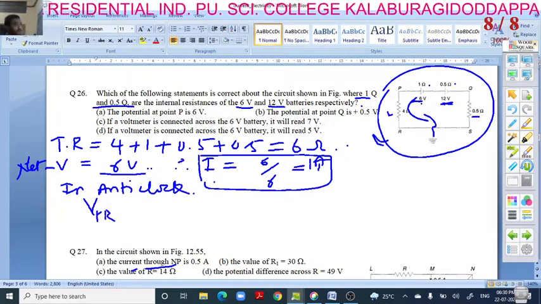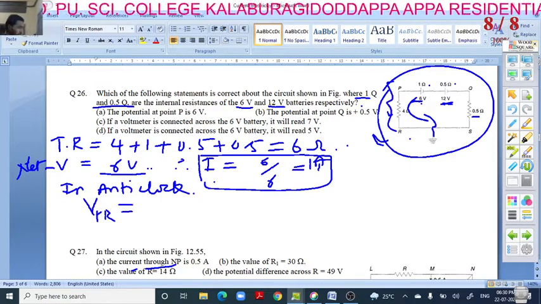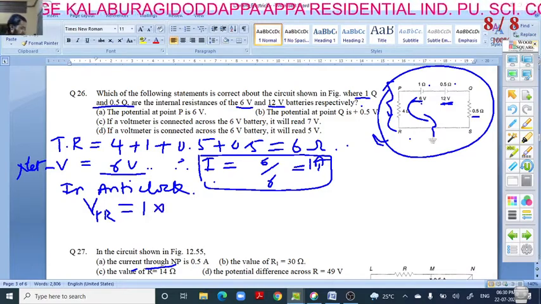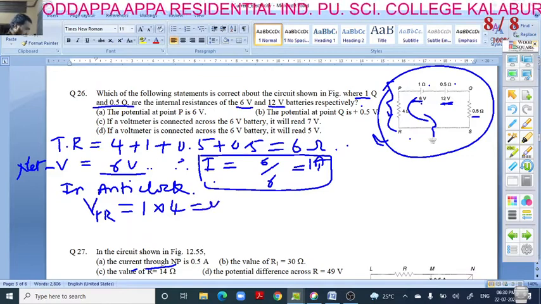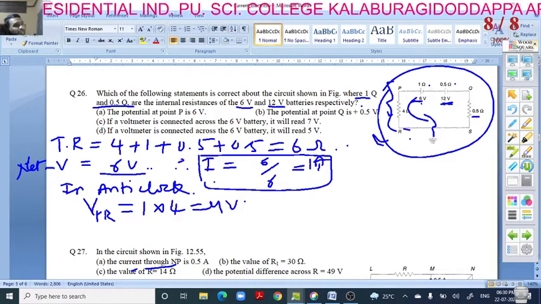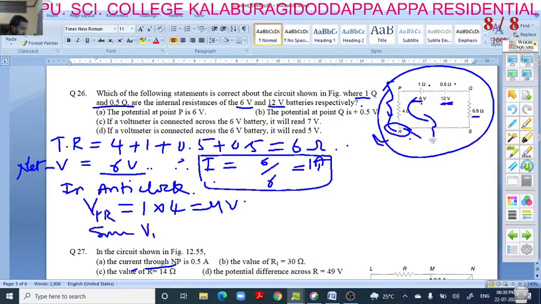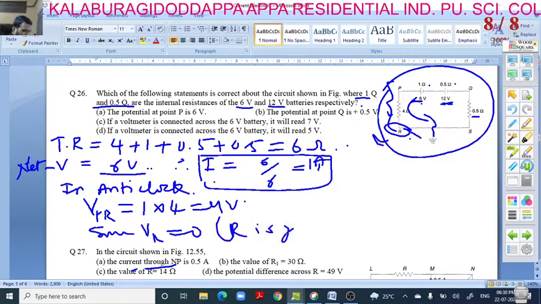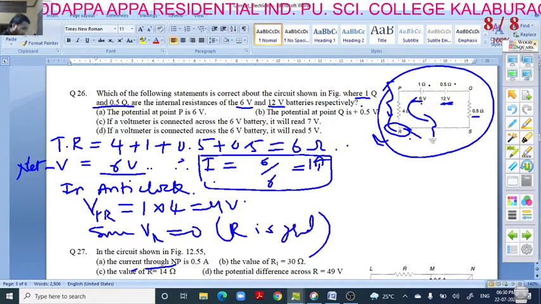First I will write potential P to R. Potential is equal to current 1 into resistance 4 ohm, that is equal to 4 volt. Since this R is connected to ground, VR is equal to 0.